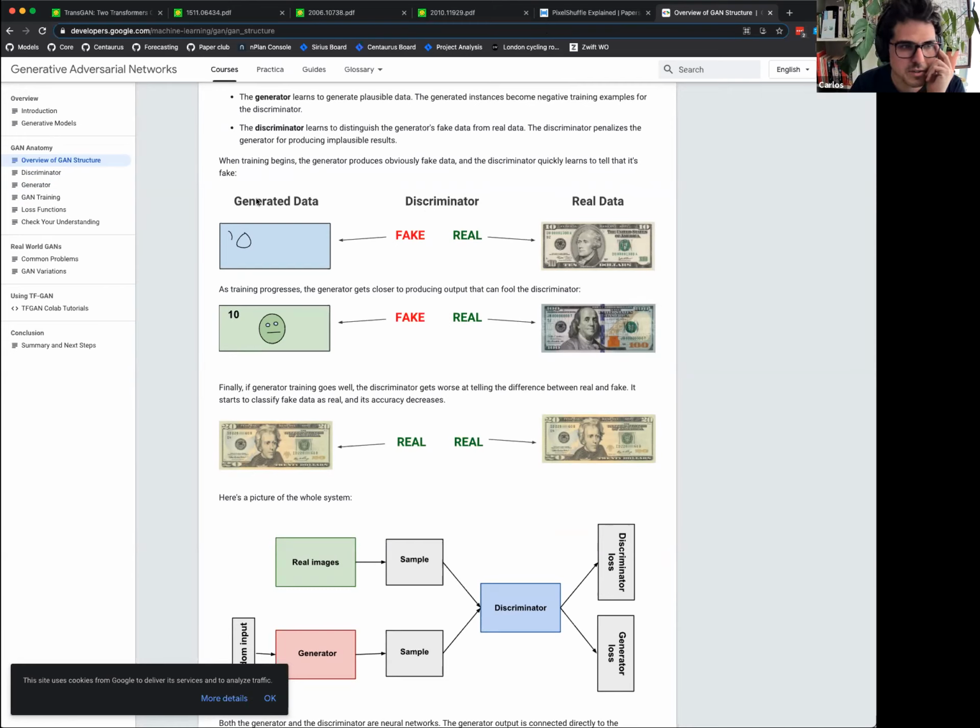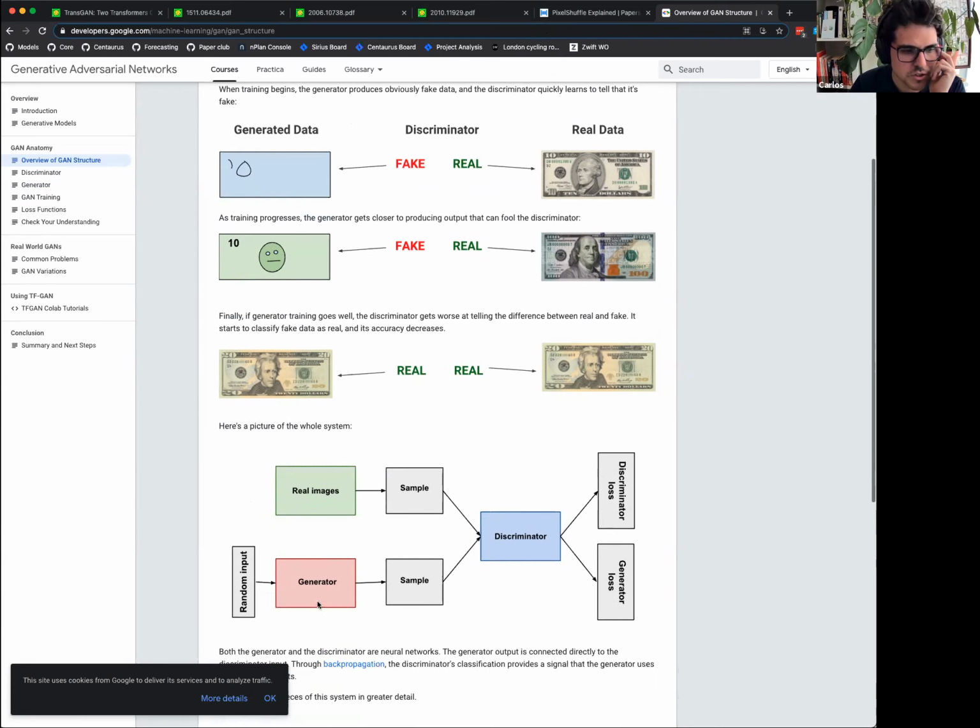The first is that the generator model takes random noise as input, and this noise follows a given distribution. Normally it's Gaussian, but it can be changed. Through several transformations, it tries to produce an image. And the discriminator tries to differentiate between real images taken from data and fake images generated by the generator.